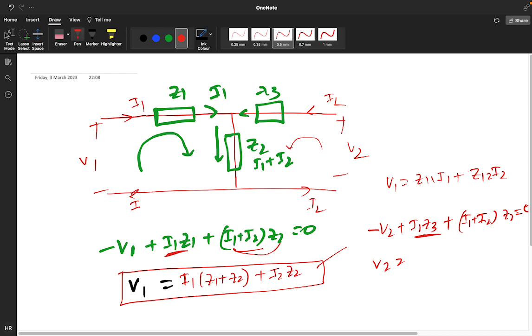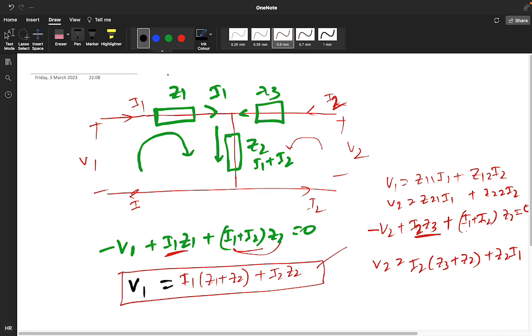Here I1 is here also, and this is I2. So I2 is here also and I2 is here also, so we take a common I2. We are getting Z3 plus Z2, and we are getting Z2 into I1. So compare the results with the original equations. Your V2 is equal to Z21 I1 plus Z22 I2.